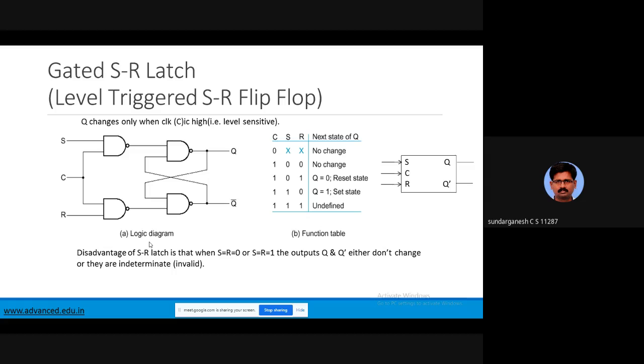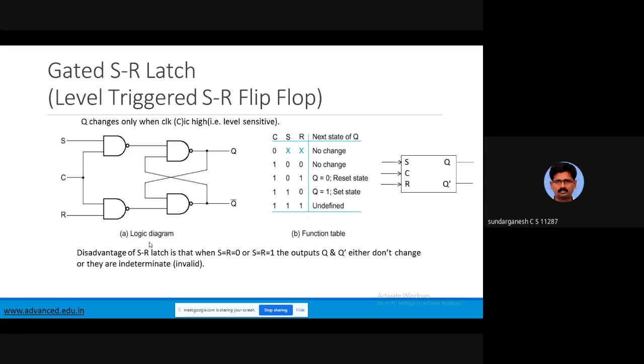When S equal to 0, R equal to 1, it is a reset state. When S equal to 1, R equal to 0, it is a set state. Set state means Q is 1. Reset state means Q equal to 0. Q bar will be 1.